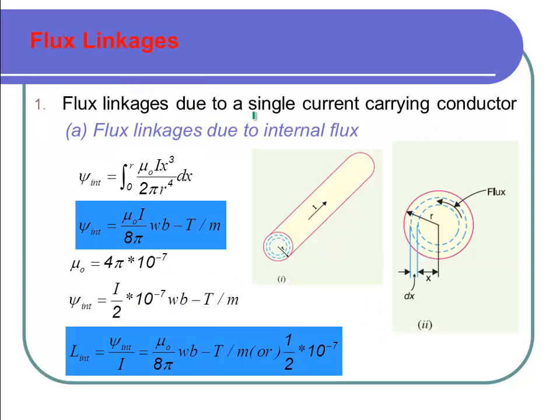So now the flux linkage due to a single current carrying conductor. Just imagine there is a conductor and current is flowing through the conductor, and we consider a small circular path at x distance from the center of the conductor, and the radius of the conductor is r meters.